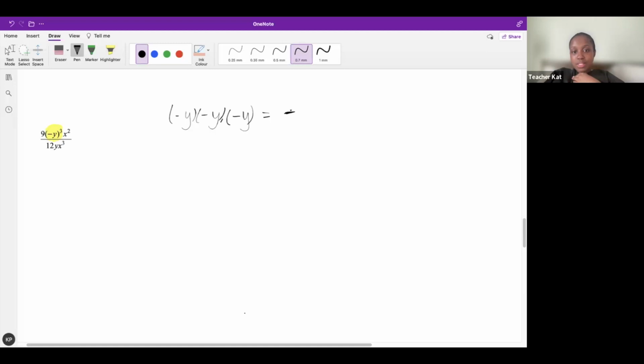And y times y times y is y cubed. So this is the same as negative y cubed. So then I can simplify it and then just write 9y cubed x squared negative y cubed. I'm sorry, negative y cubed.